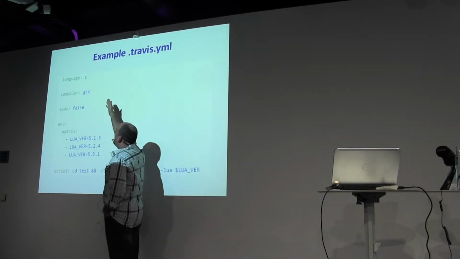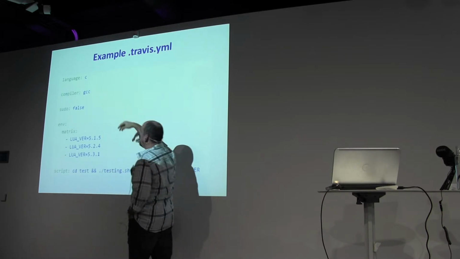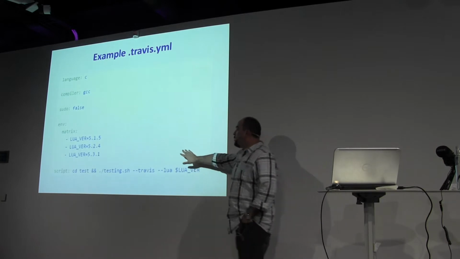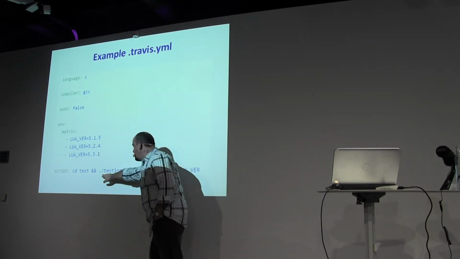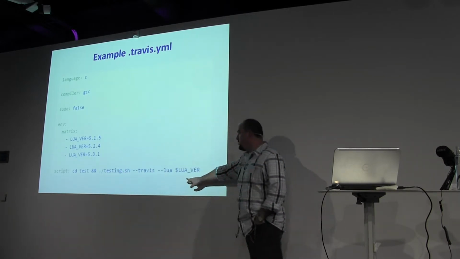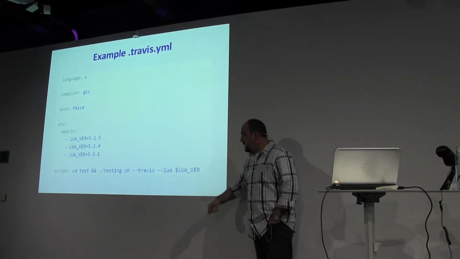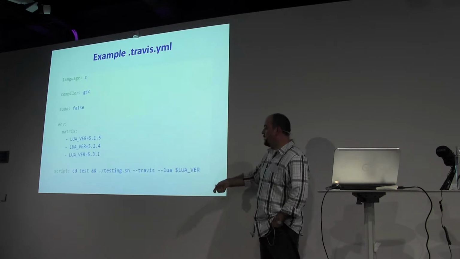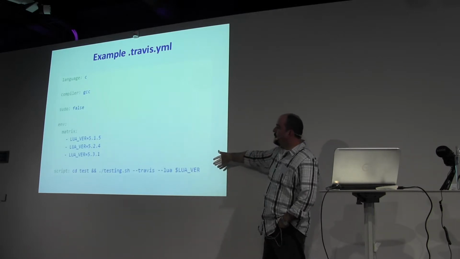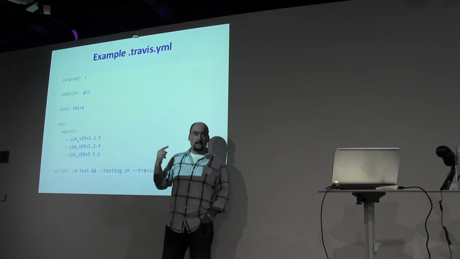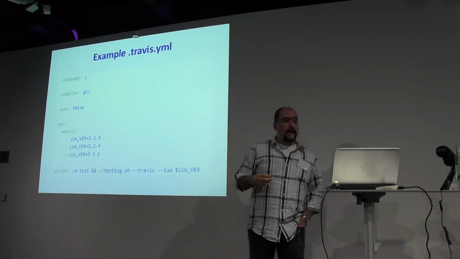We are choosing a language and a compiler, but we don't care about that. I'll talk about that in a moment. Here we can see this line here is the actual build and test of LuaRocks. And here is a concept that is common to all these services, the build matrix.